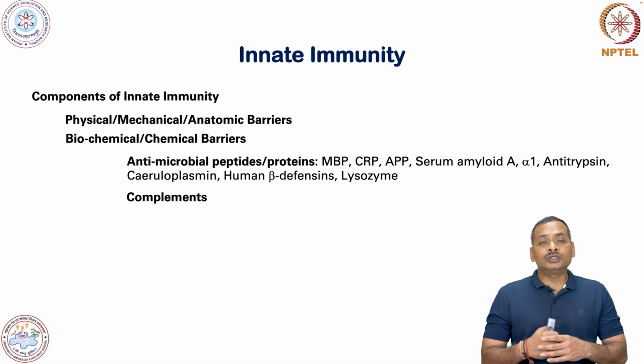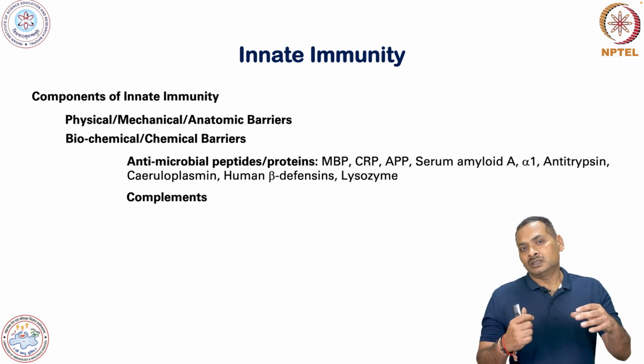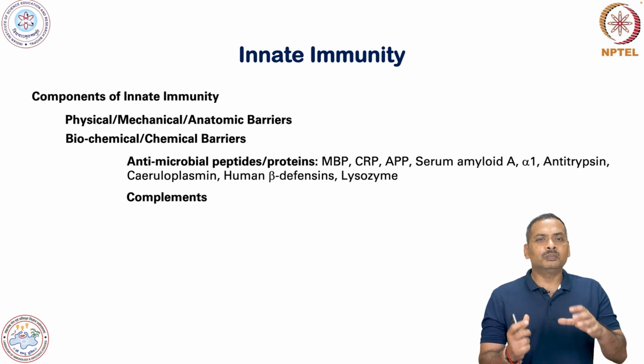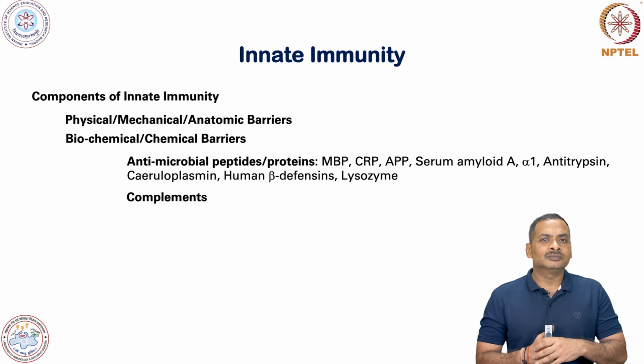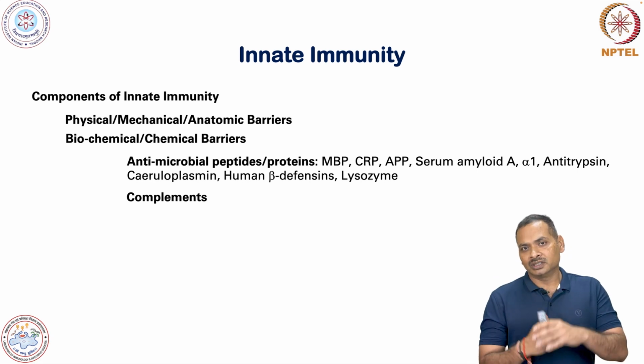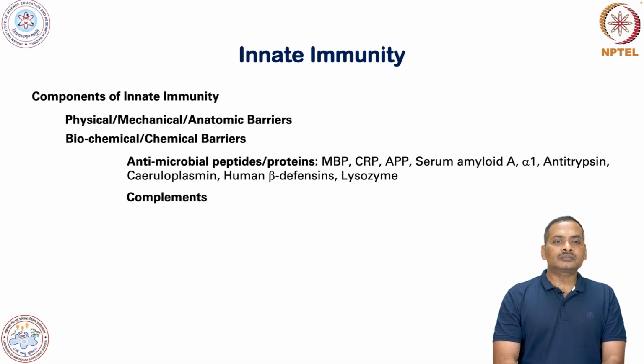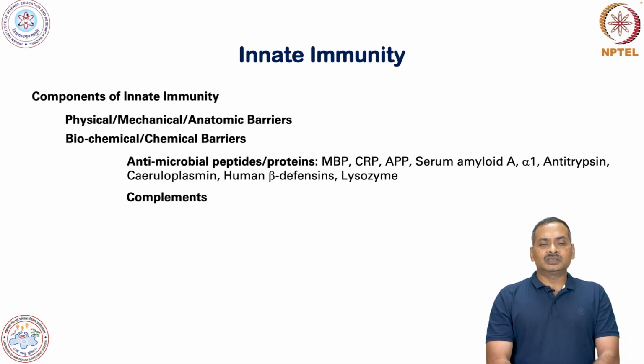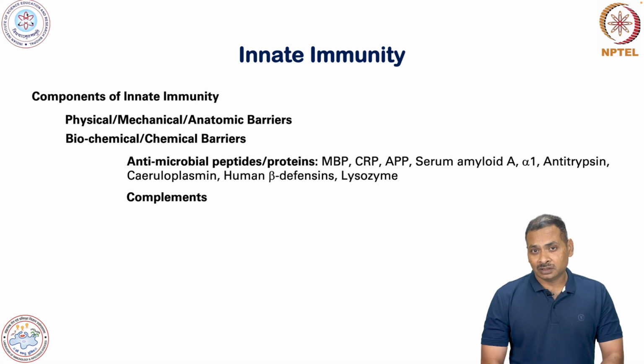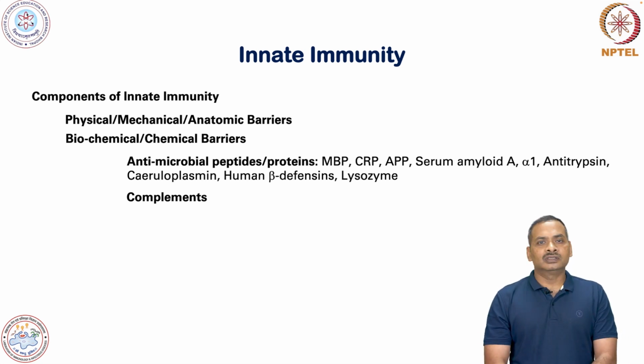They also make a complex which we call the membrane attack complex. This membrane attack complex makes a hole in the microbial pathogen, so that eventually the microbe will die, okay. Complements we will discuss in more detail in a subsequent session on innate immunity.